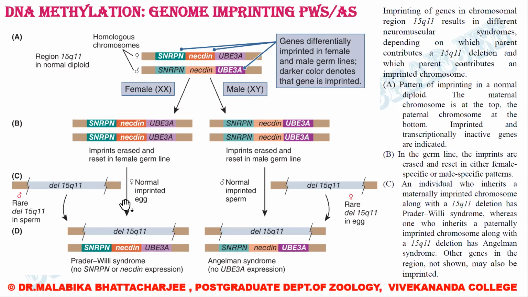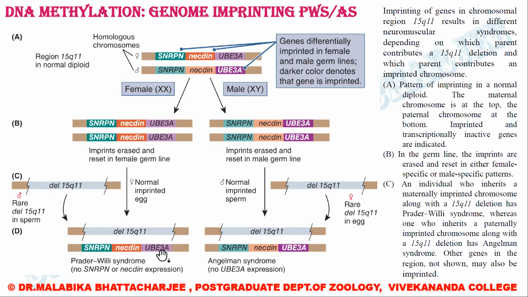Now let us see if there is a deletion in the sperm. So this is the father homologue, with a deletion in this region. If a deletion occurs in this region, then the mother homologue will have these three genes, as you can see. Already SNRPN and NECDIN are imprinted, so no product.